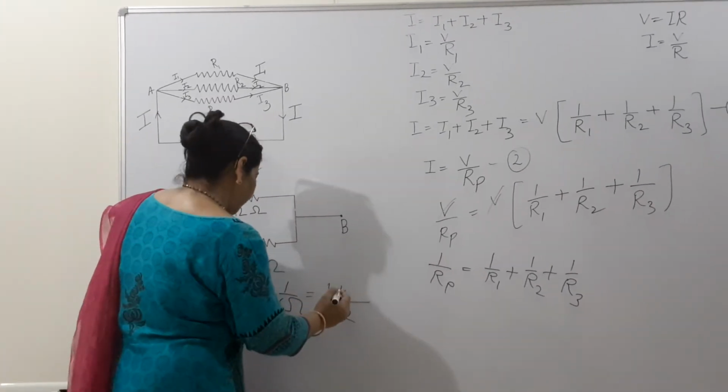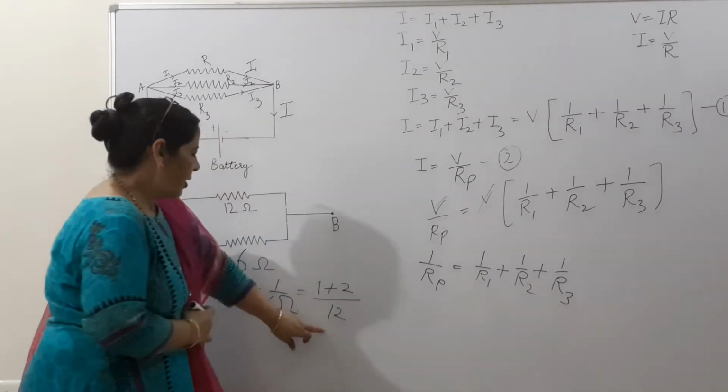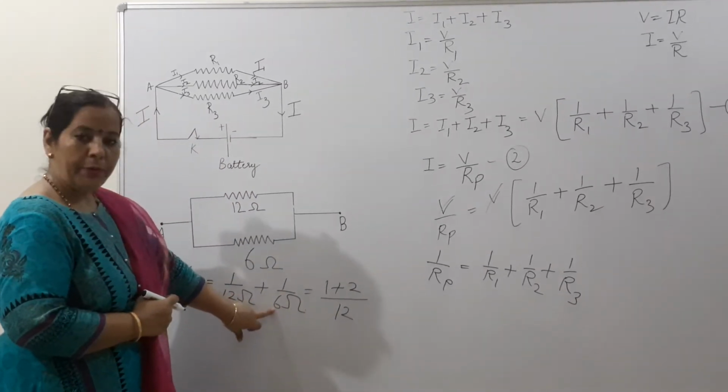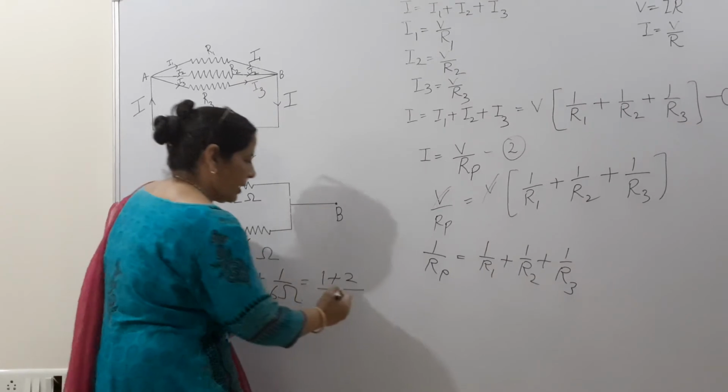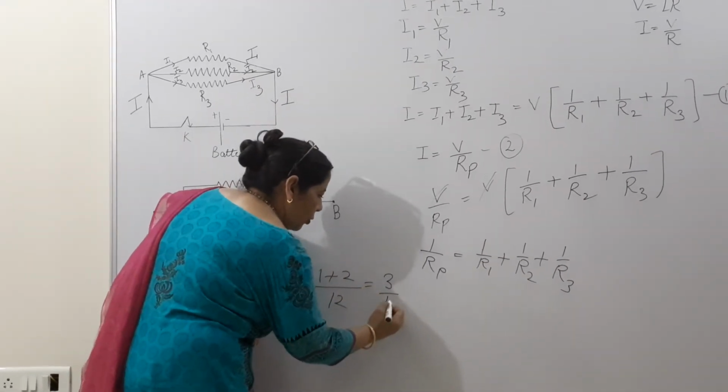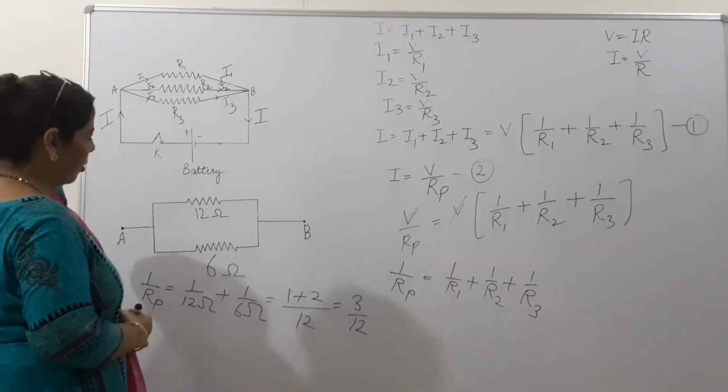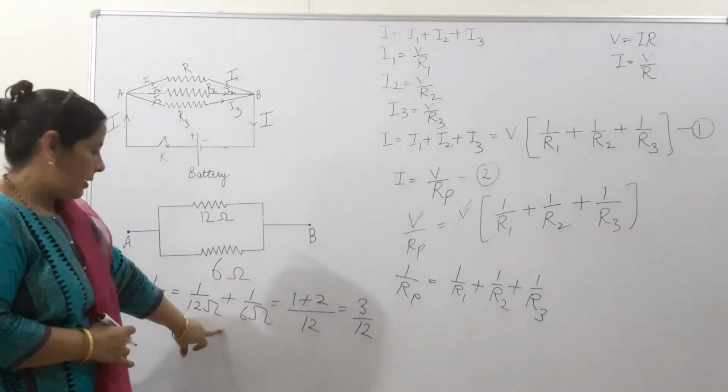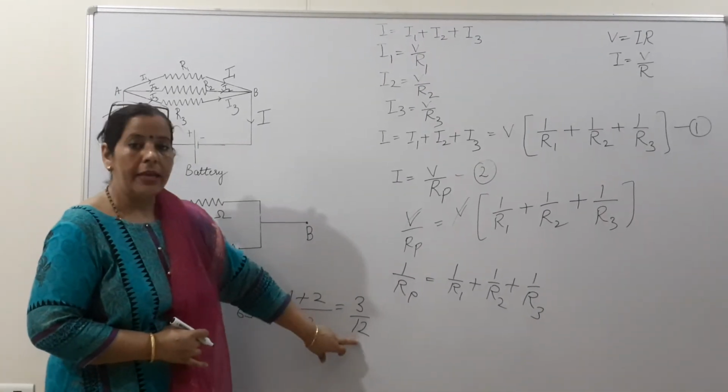So it will be 1 plus 2, because 12 divided by 6 is 2, and 2 times 1 is 2. So it will be 3 divided by 12. Now the next point you have to keep in mind: don't leave the numerical here, beta.